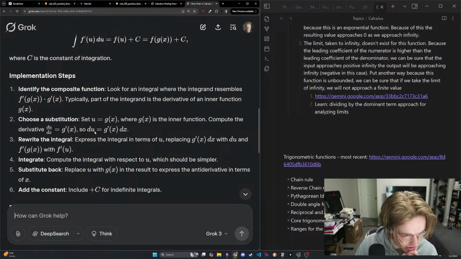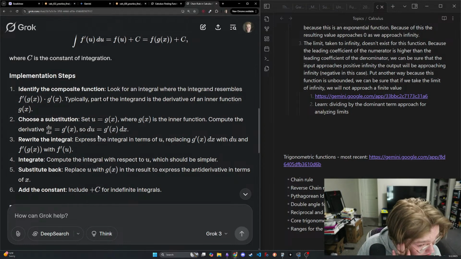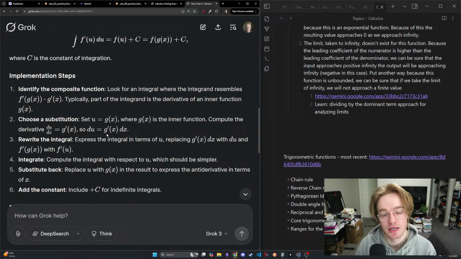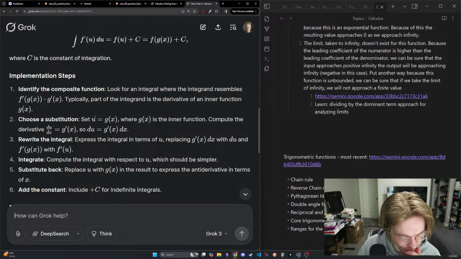Compute the derivative: du over dx equals g prime of x, so du equals g prime of x dx. Rewrite the integral. Express the integral in terms of u, replacing g prime of x dx with du, and f prime of g of x with f prime of u.